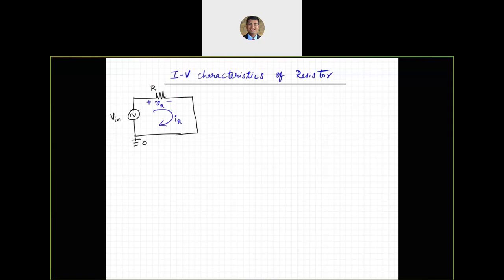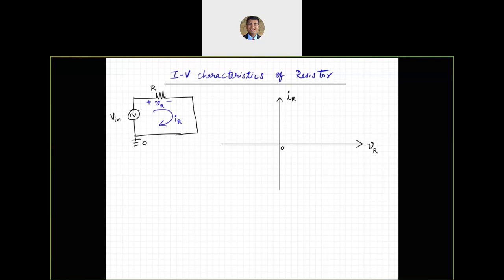Let's see, I will draw a graph here on which I will indicate that my x-axis is voltage across the resistor, my y-axis is current through the resistor. So what am I going to achieve for the resistor R? And this is 0, of course.